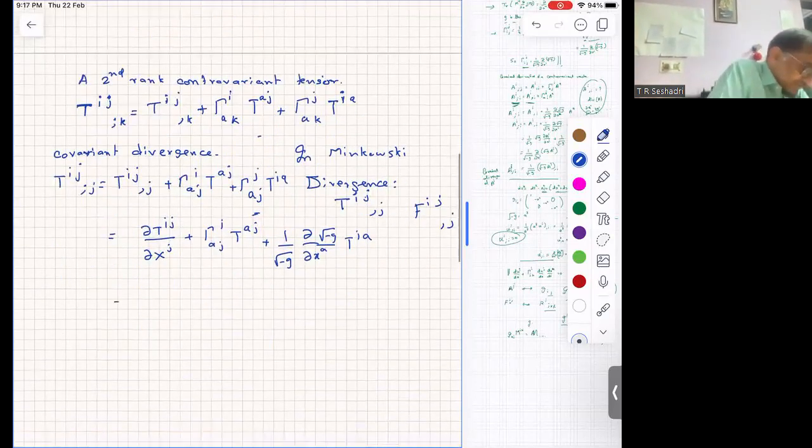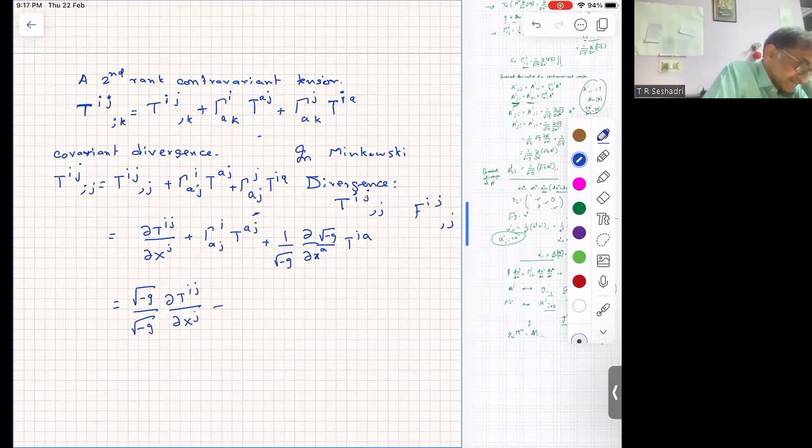And so now this is equal to square root of minus g by square root of minus g del T^{ij} by del x^j plus, I will put this here first, 1 by square root of minus g del by del x^j square root of minus g T^{ij}, because a or j is a dummy index here.